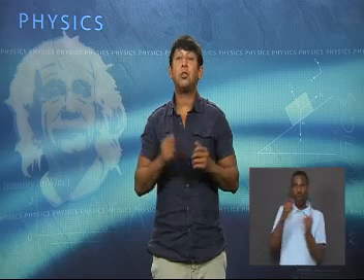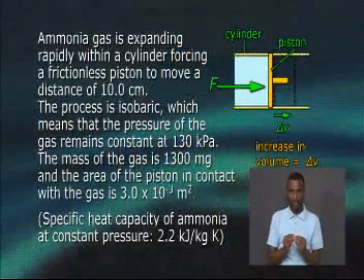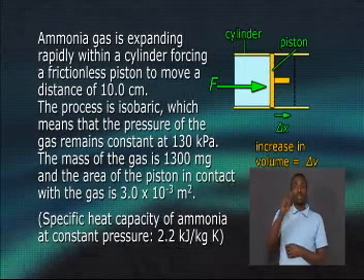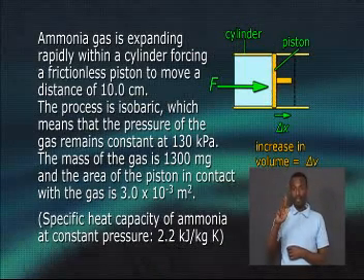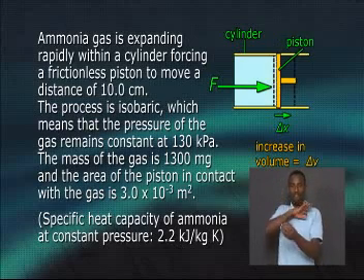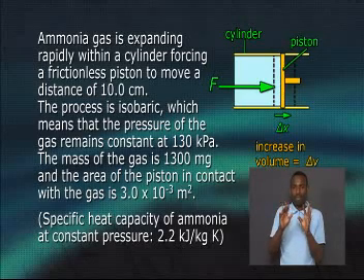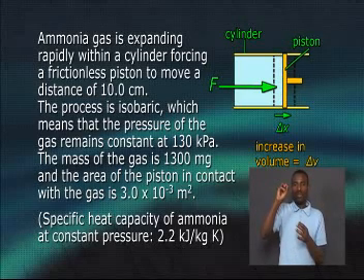Let us try applying the first law of thermodynamics to a calculation. Imagine that ammonia gas is expanding rapidly within a cylinder, forcing a frictionless piston to move a distance of 10 centimeters.